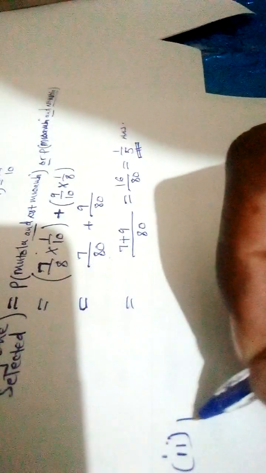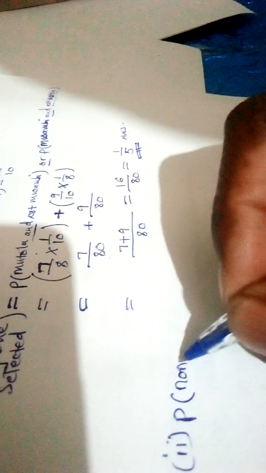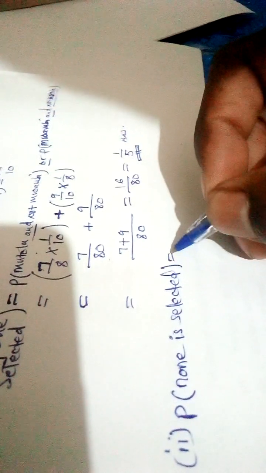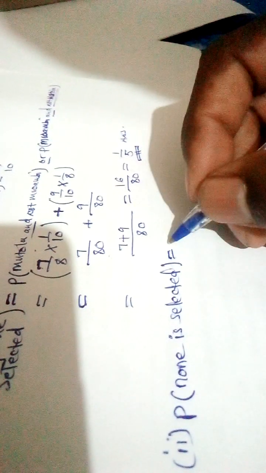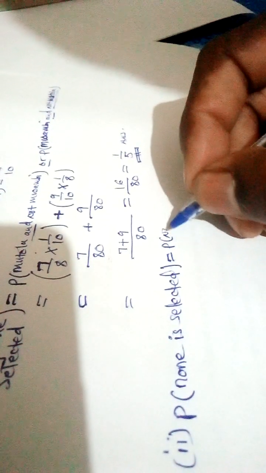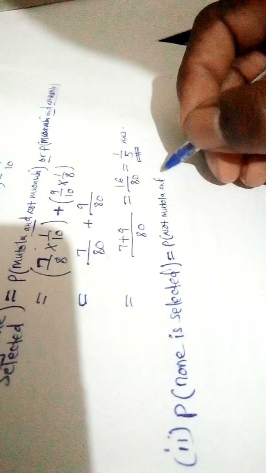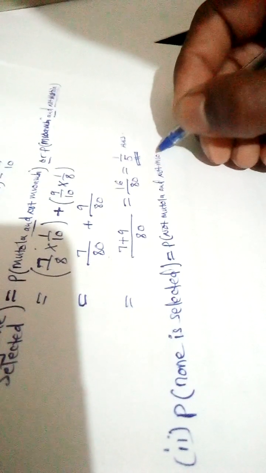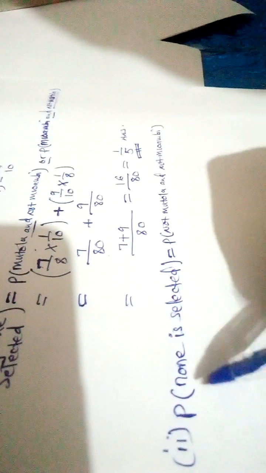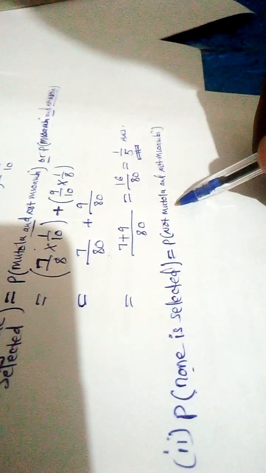The probability that none is selected is as simple as saying the probability of not Mutola and not Mwambi, because here we are looking at it, none of them is selected. So that will be not Mutola and not Mwambi.